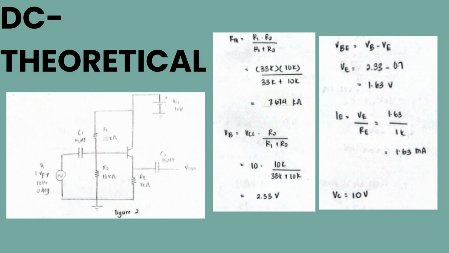To find IE, we use Ohm's law, I equals V over R. So IE equals 1.63 milliampere. Therefore, the VC we get here is 10 volt.